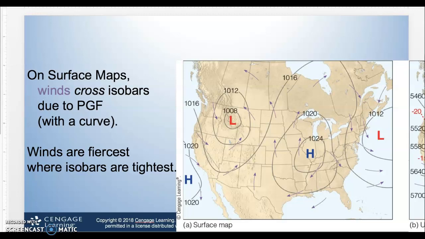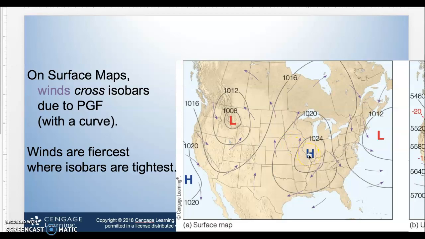It's a surface map, and we've been talking about surface winds crossing isobars due to the pressure gradient force, which we abbreviate as PGF.